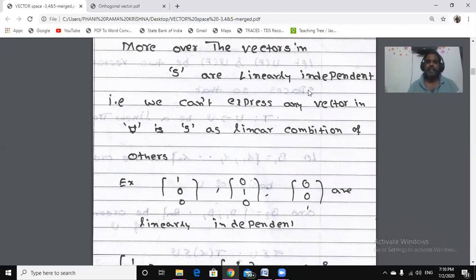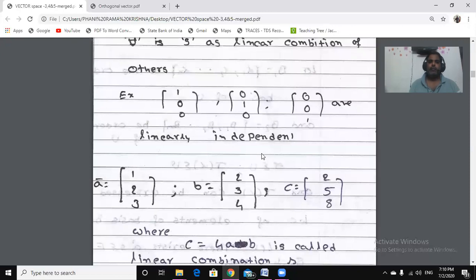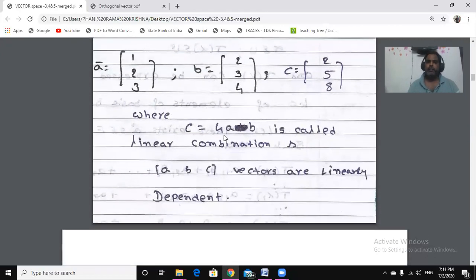What is linearly independent? Linearly independent means we cannot express a vector as a combination of the other vectors. Such vectors are said to be linearly independent. For example, this set is linearly independent, and this is the basis set. But look at another three vectors, a, b, c.